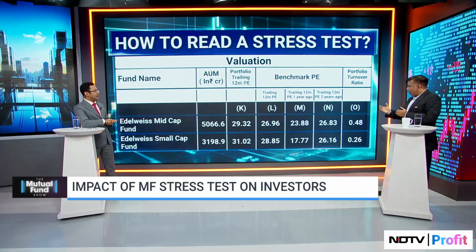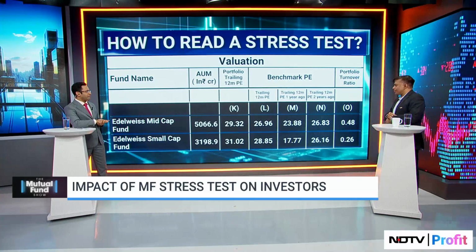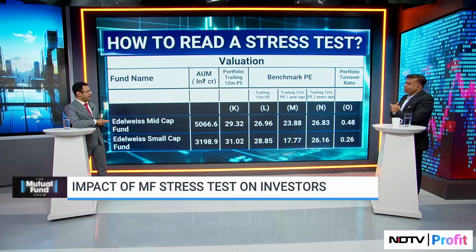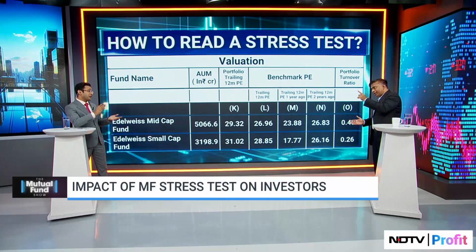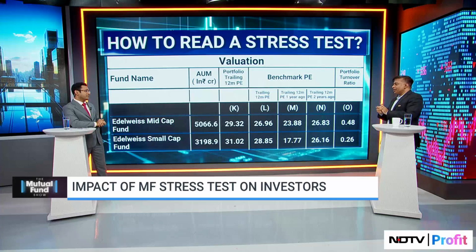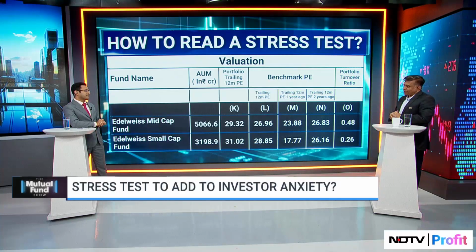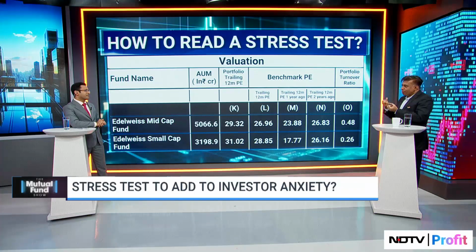Yes. So one half of the equation is the price that we pay, which you can see here in terms of the valuations. Now, if you compare this, let's say, large caps have more valuation support than mid and small caps, because of the way they've run over the last 1 year. Correct. But what they don't have is the growth, which is meaningfully higher for mid and small cap as compared to that of the large cap. So as an ultimate investor, what you are trying to do is balance between the two.